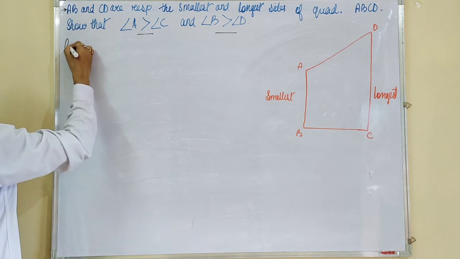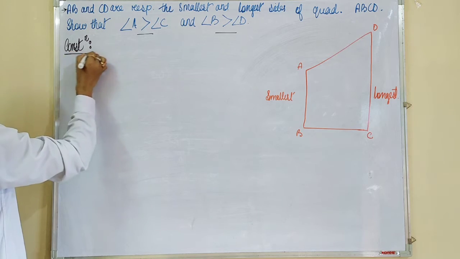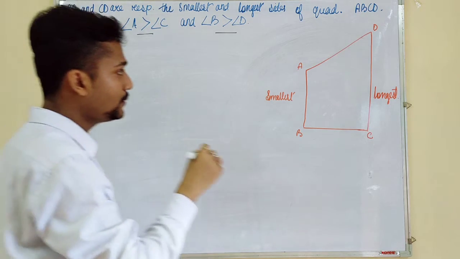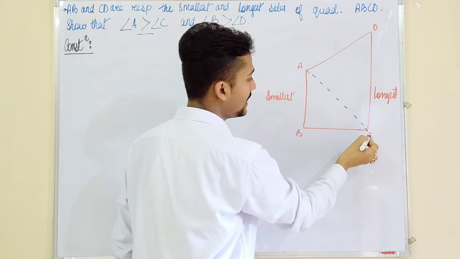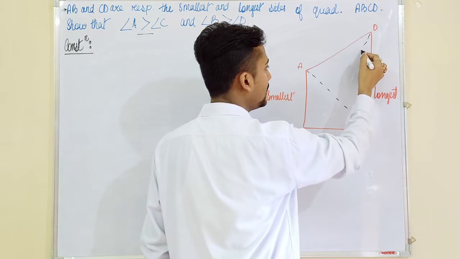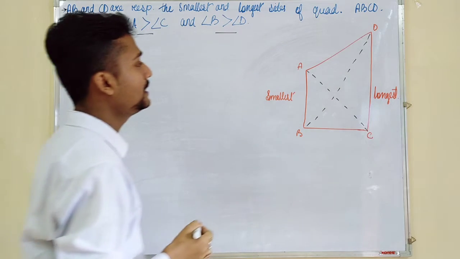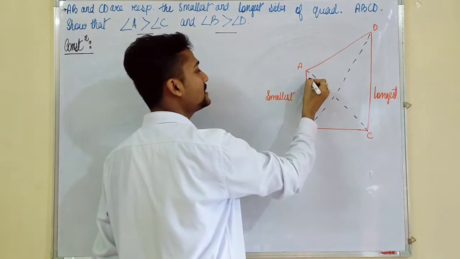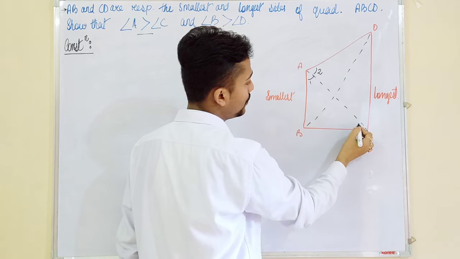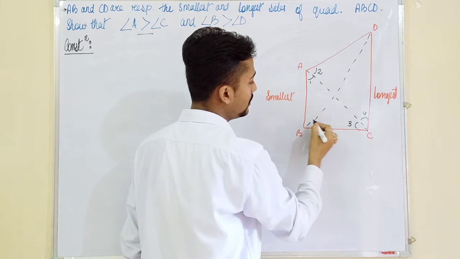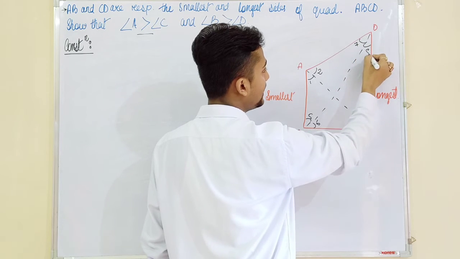One thing that you need to mention is the construction. So what will we construct? First, I will draw a line which joins A and C. Then I will draw another line that joins B and D. I'll mark the angles as 1, 2, 3, 4, 5, 6, 7, 8.